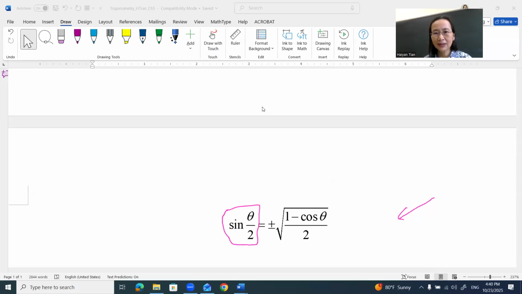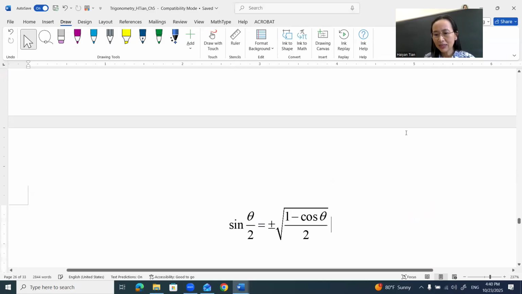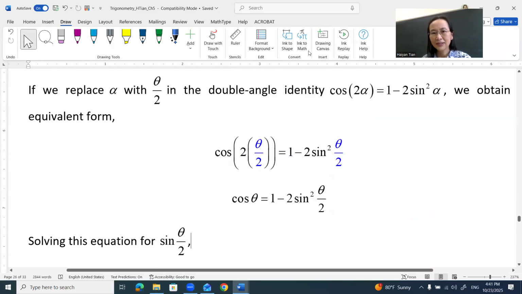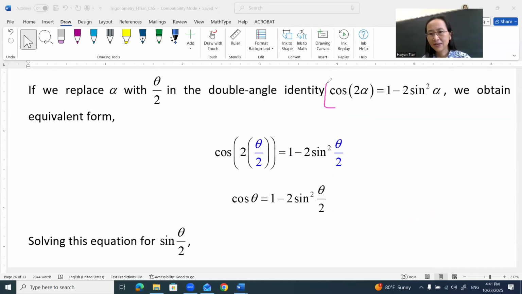And this is essentially the same identity, just that identity written differently. If we view this one as theta, then this one will be half, because 2 alpha compared to alpha is just like theta compared to its half.